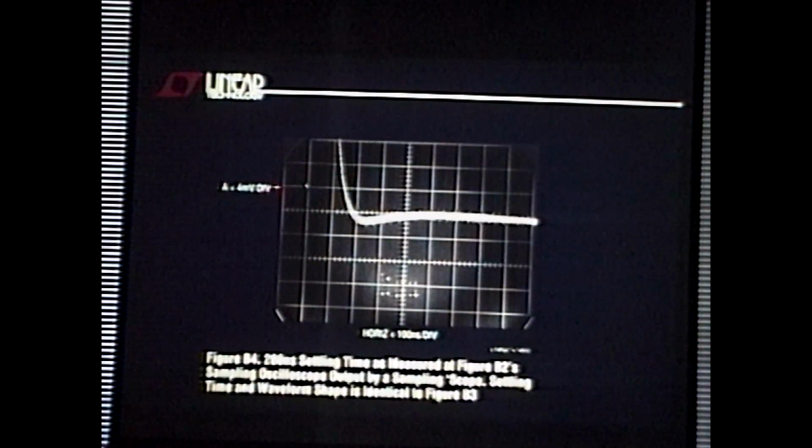And this feels real good. It's 280 nanoseconds to about 0.01%. See all the dots and stuff? That's the way a sampling scope looks, because you're literally taking pictures. That's why the display looks so granular. So that feels pretty good. I've essentially measured this with a similar method, but with two different rear ends, and I get agreement.